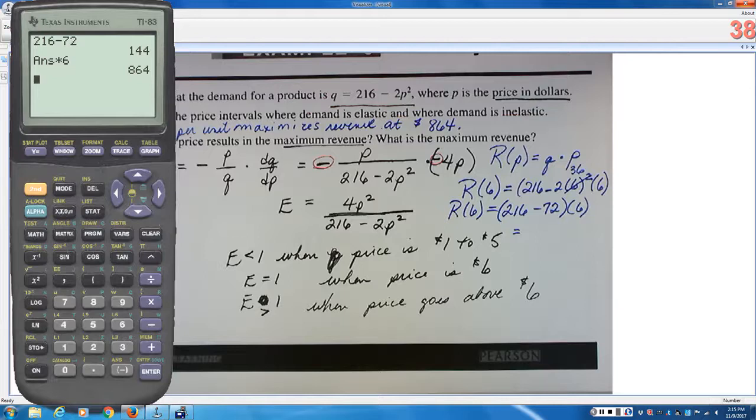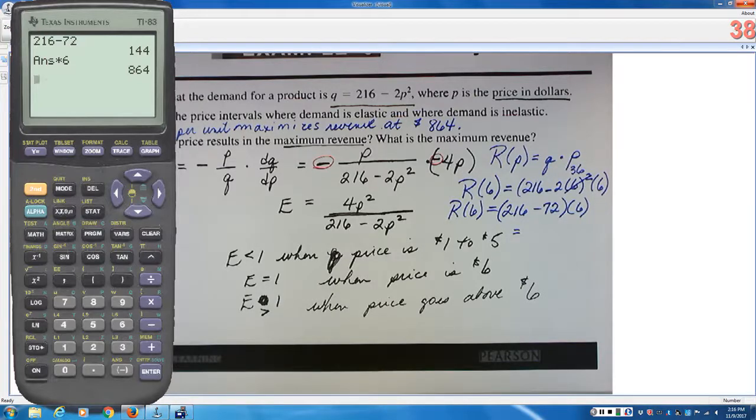Why did we multiply again by 6? Because this is your quantity, and this is your price. Okay? Because you're multiplying quantity times price, and quantity is given by the original equation. Anytime you're trying to find revenue, it's always quantity times price. Questions?